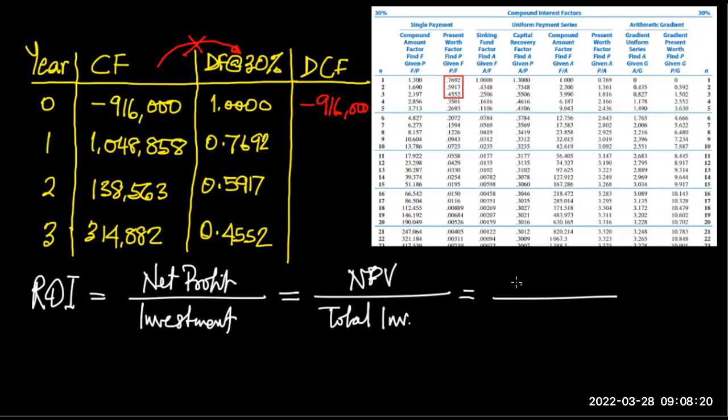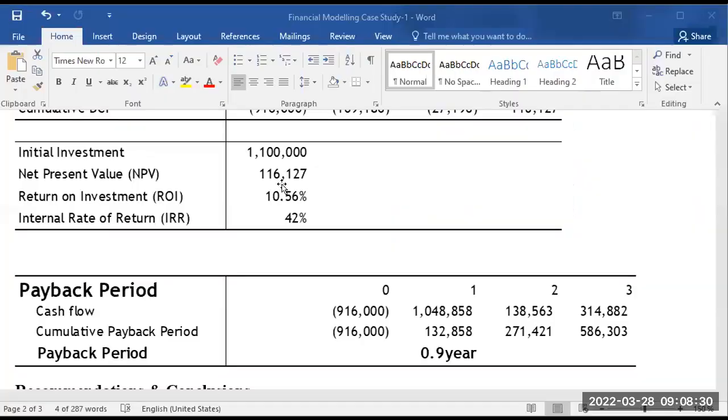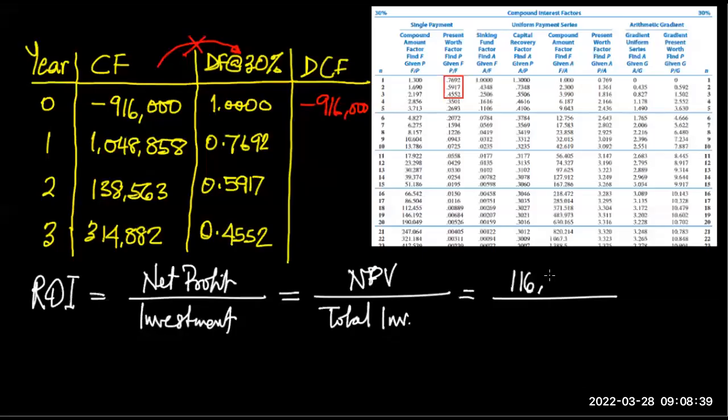So the NPV here, what was our NPV? Let's go back and check. It was 116,127. Over our total investment.